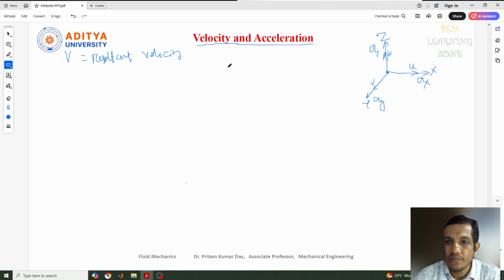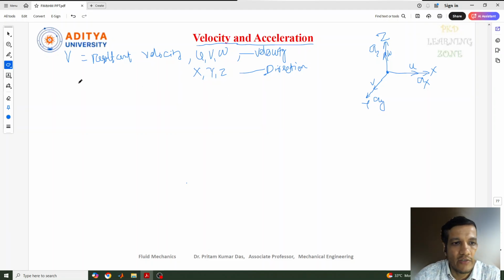As I told you, u, v and w are the velocities in the x, y and z directions. So let me keep it here: x, y, and z directions. Velocity is a function of space coordinates with respect to time.